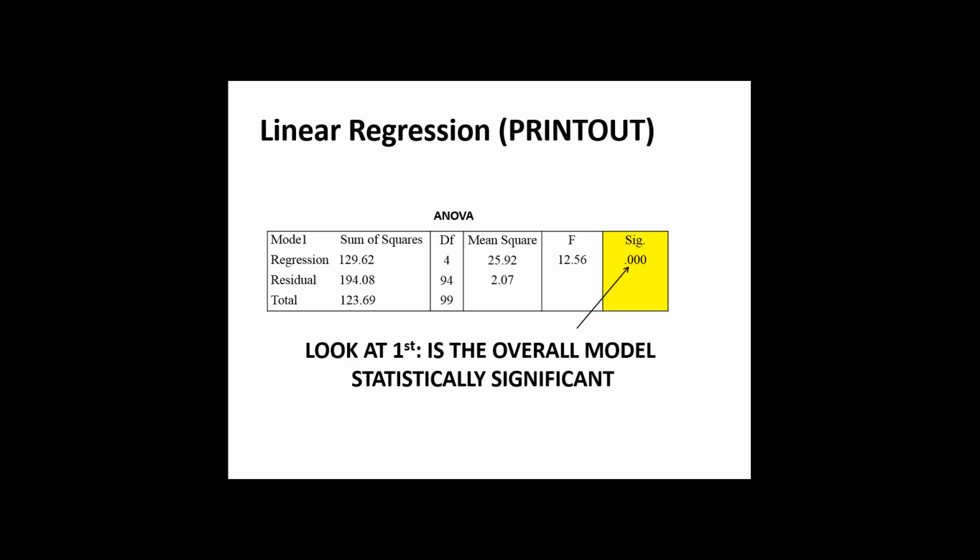The first thing we're looking at is the statistical significance of the overall model. If the overall model is not statistically significant, none of the rest of it is believable. If it's not 0.05 or below, we don't look at anything else. But we see here it's 0.000, way below 0.05. So the overall model is statistically significant.